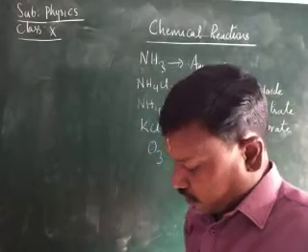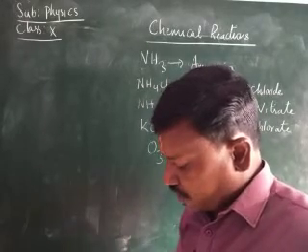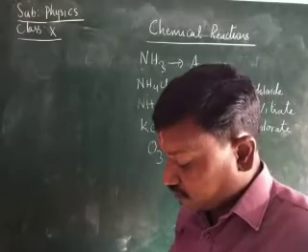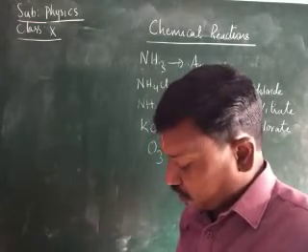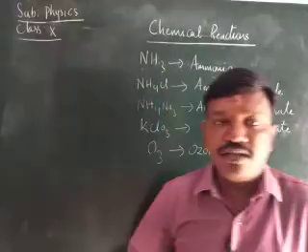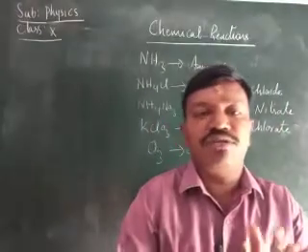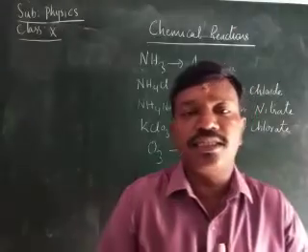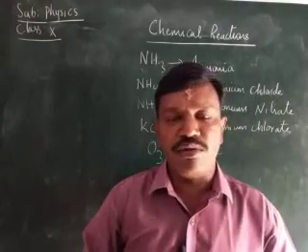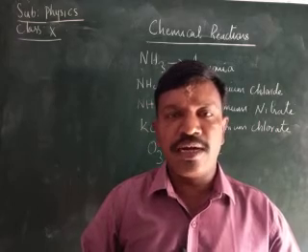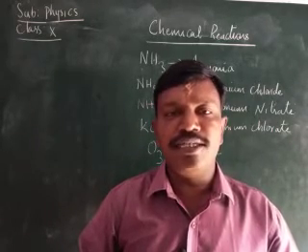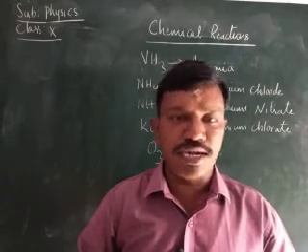In this chapter we will be learning in detail about the chemical reactions that take place, and how many types of chemical reactions there are. They are categorized into 4 types: chemical combination, chemical decomposition, chemical displacement, and chemical double displacement or double decomposition reaction.